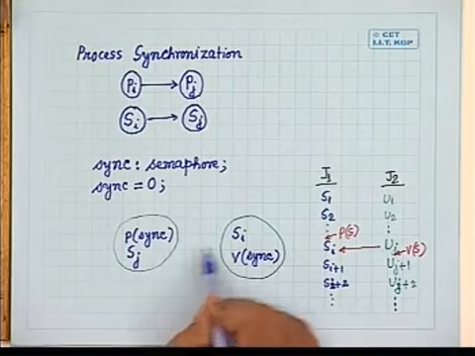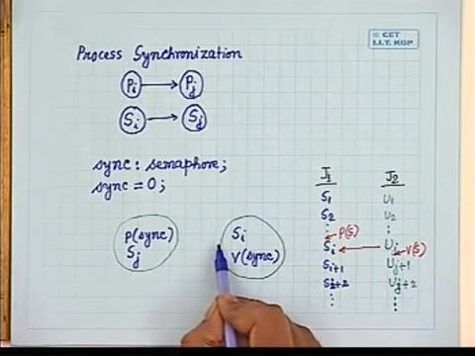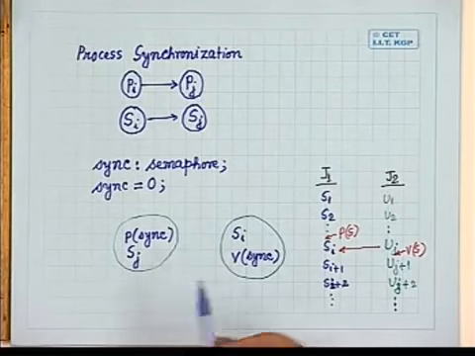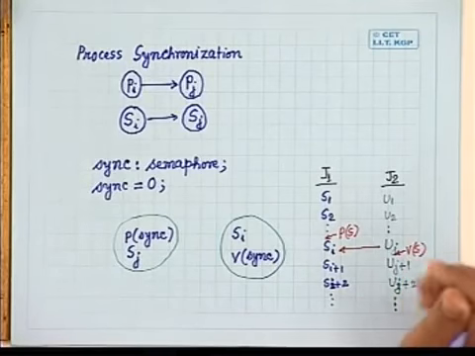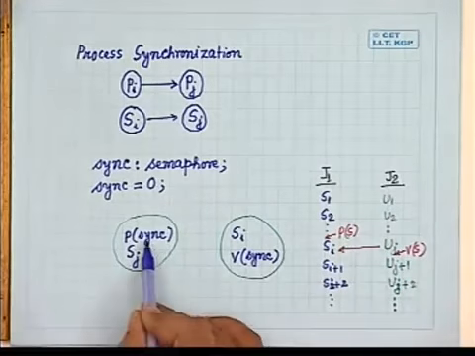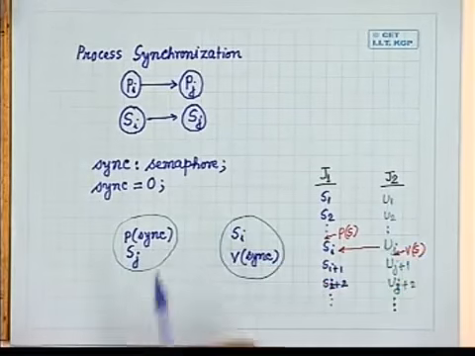So this ensures that Sj can be executed only after Si. Even if Si and Sj are statements being executed by two independent processes, because of these P(sync) and V(sync) operations, these two processes will be synchronized at this point.